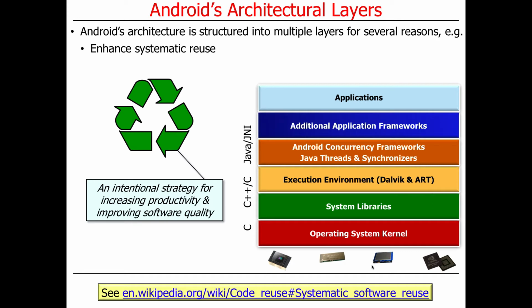One reason for having layers is to enhance systematic reuse, because that allows us to reuse things that were developed for perhaps some other purpose. So the operating system kernel in Android is largely based on the GNU Linux kernel with a few extra things. The Android system libraries are largely based on a bunch of pre-existing libraries, not the least of which is a libc-like library called Bionic, not Bitonic, Bionic.